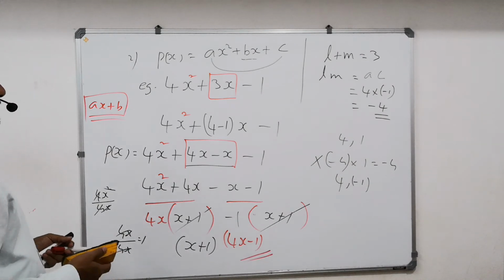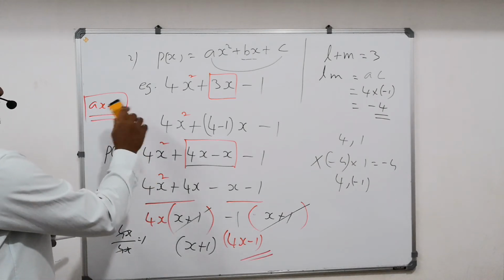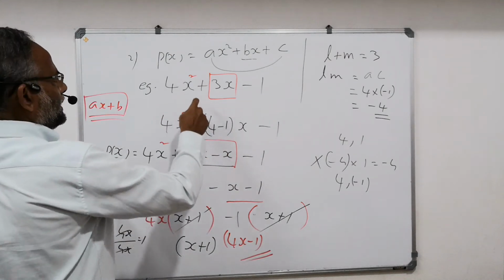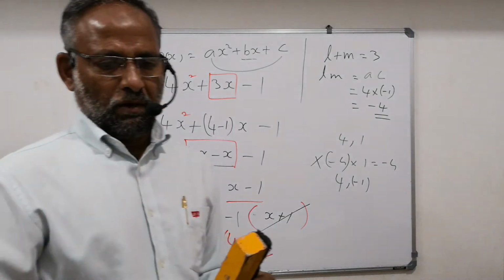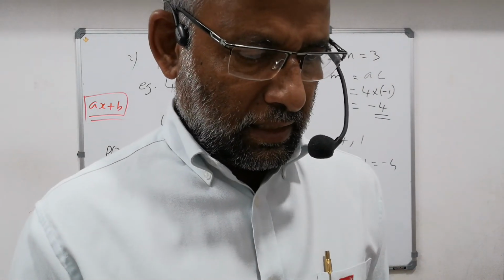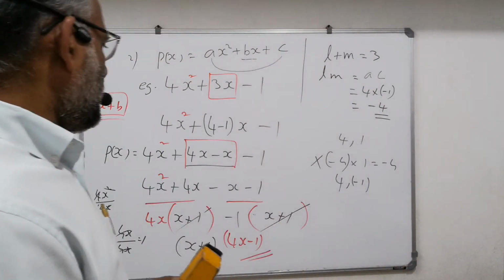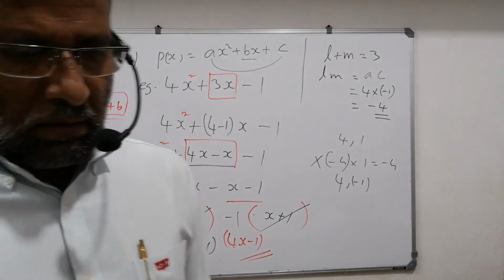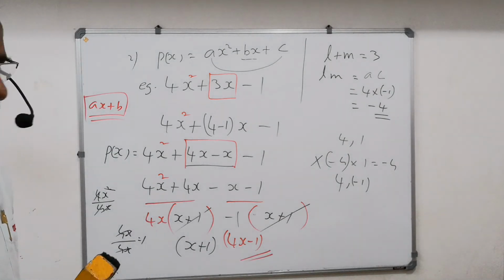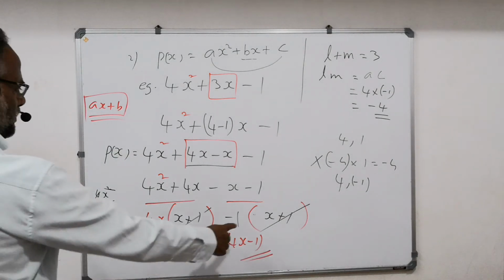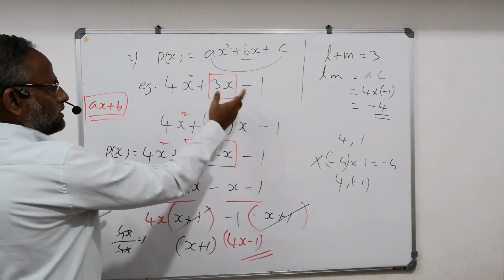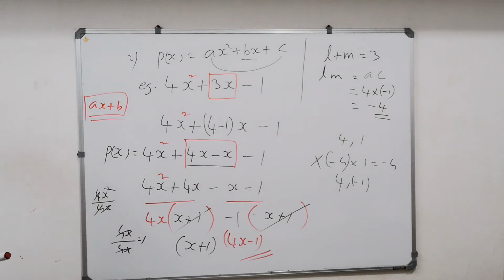Now another example. We did 2 examples here. We can do another example. Suppose here a minus is coming. What will happen? Think about that. Suppose the question is 4x square minus 3x minus 1. What will happen? Tell me. Here x plus 1, 4x minus 1. If it is minus 3x, you can think about that and you can do.